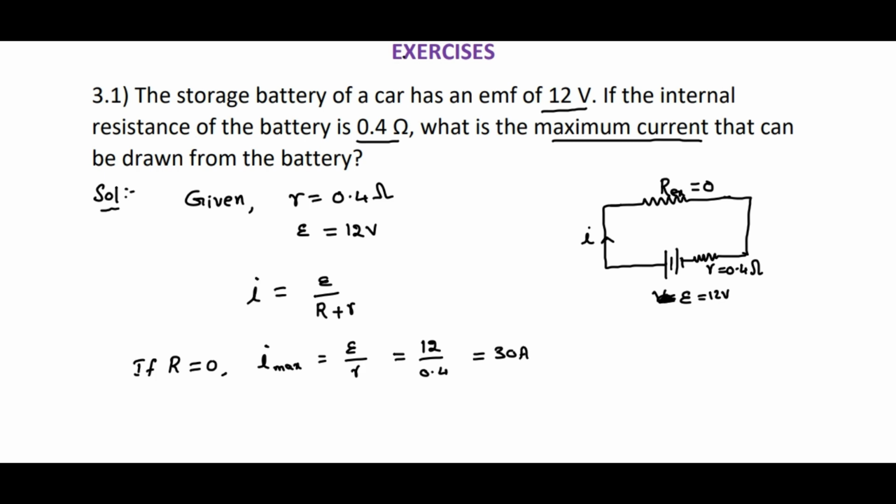So this is the maximum current passing within the circuit or drawn from the battery. That is possible if external resistance is 0. If external resistance is not 0, the current won't be 30, it will be less than 30.